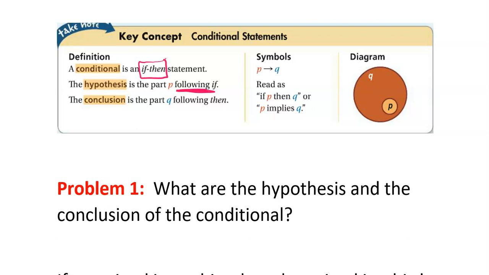The conclusion is the part following the then part. The letters they have chosen are P for hypothesis, Q for conclusion. So when you write it with symbols, it's P arrow Q. That's the same as if P, then Q. So know the symbols.